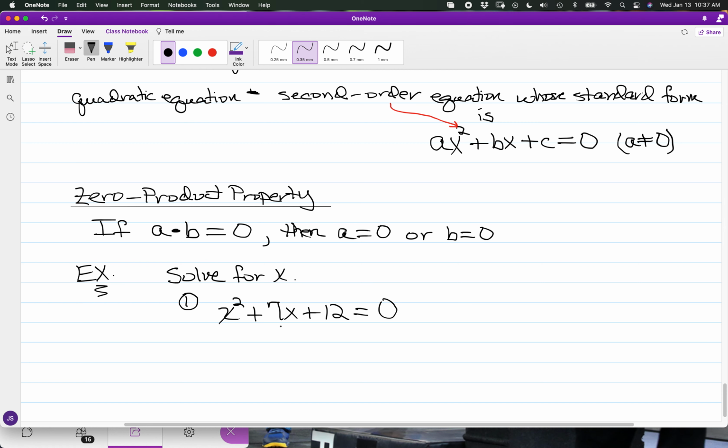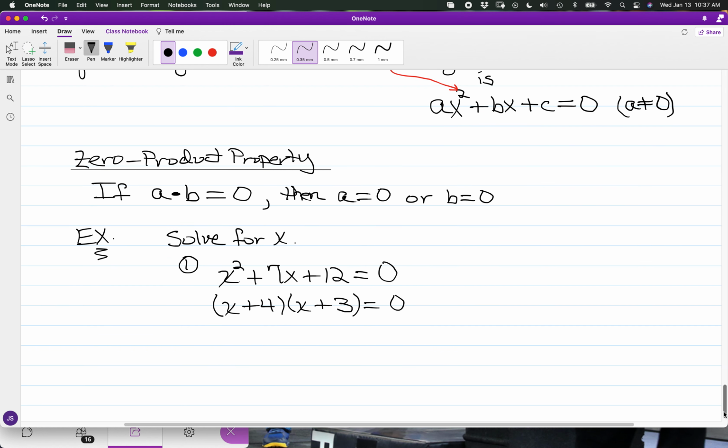So you have a trinomial that we can factor. With x squared, this will factor out to x and x, and then factors of 12 that will add up to 7. So you have a positive 4 and a positive 3.